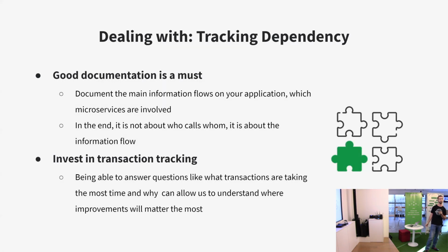So the last big issue is dependency tracking. The simplest way to do it, without cost besides hours, is keeping good documentation. But as you grow, that's quite hard to maintain, because you can track relations between 4 or 5, but it's really hard to maintain when the services start to be coupled.